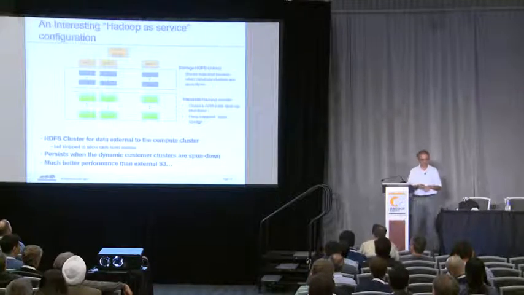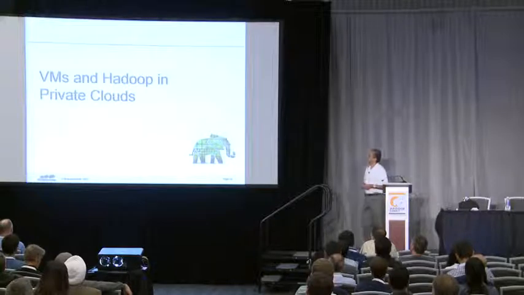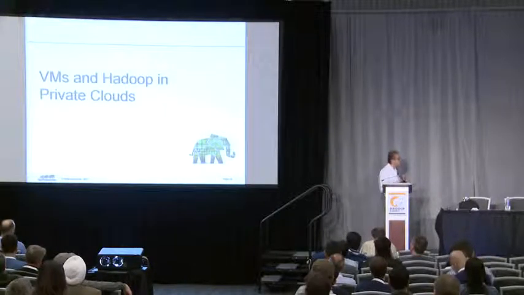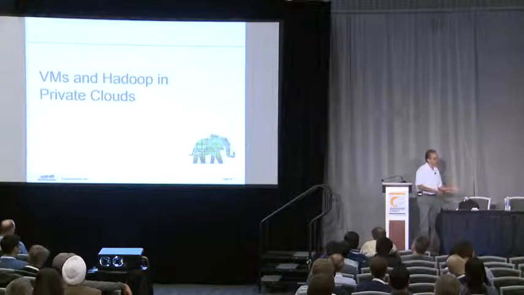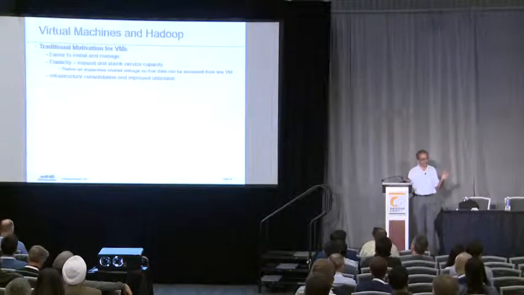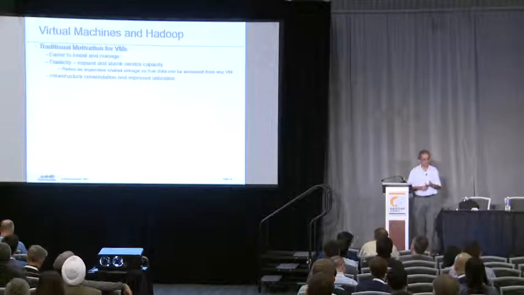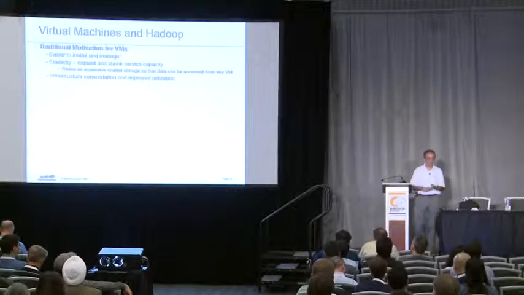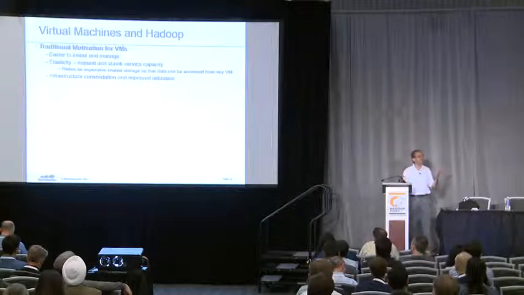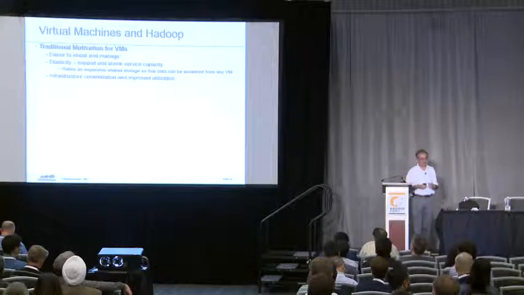Okay, so now I'm going to switch gears a little bit and talk about Hadoop in private clouds, Hadoop's own virtualization, and VM virtualization isolation, what you should do. Traditionally, what is the motivation for VMs? They are much easier to install and manage compared to a physical machine. They give you elasticity, the ability to shrink and grow rapidly, almost instantly.